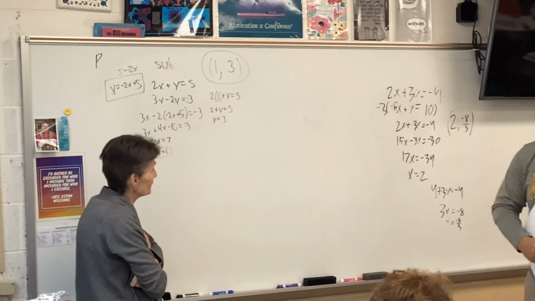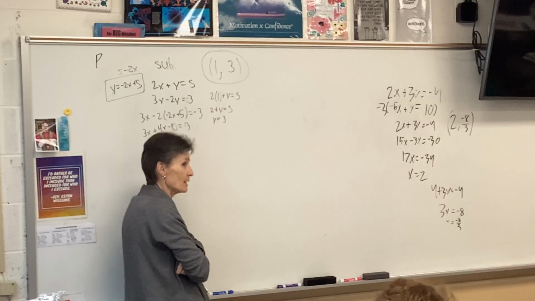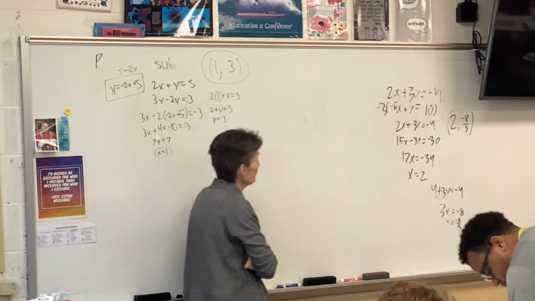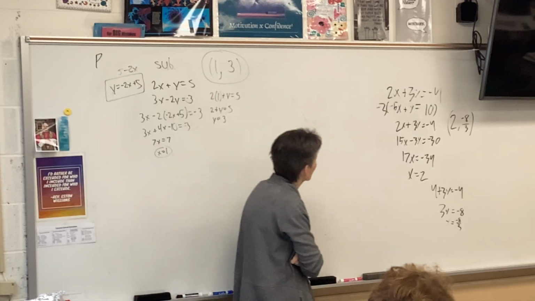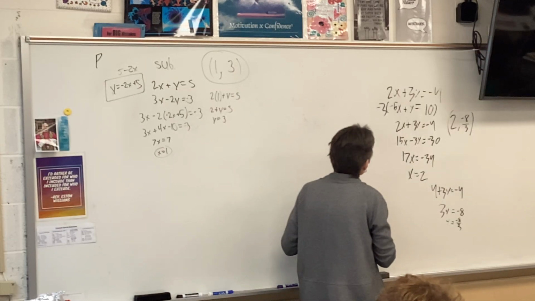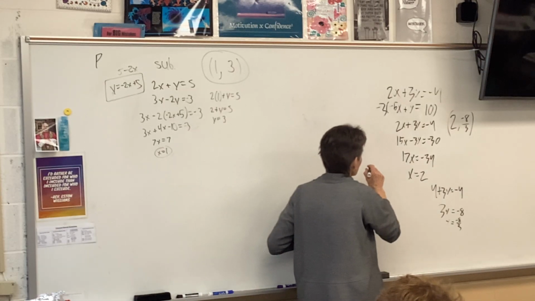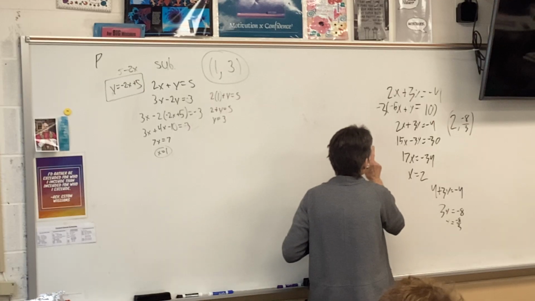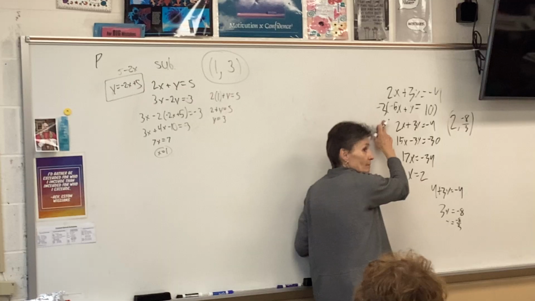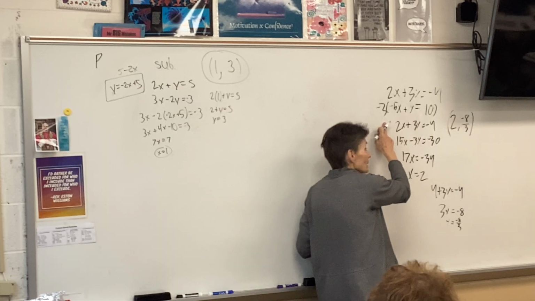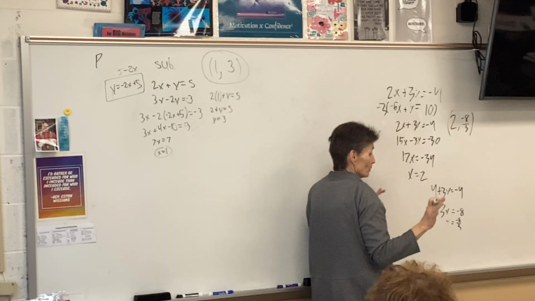All right, let's take a look. Last volunteer, thank you, to do elimination problem number 2. So it looks like he chose to multiply his second row by -3. Now, again, that's beautiful.